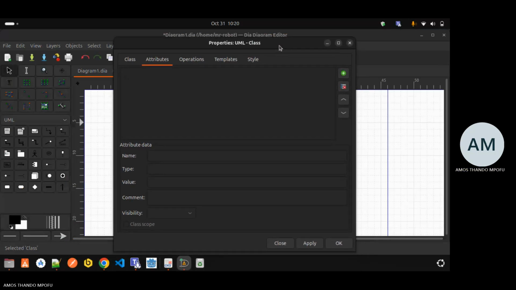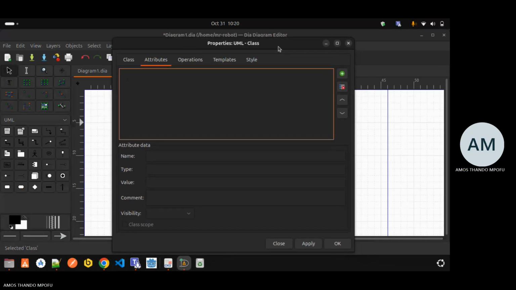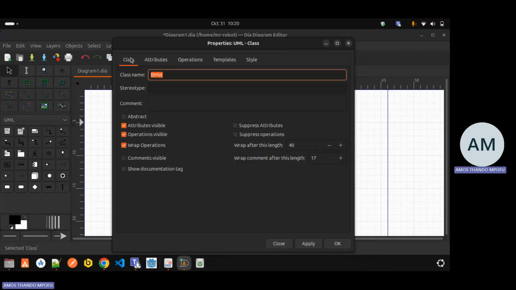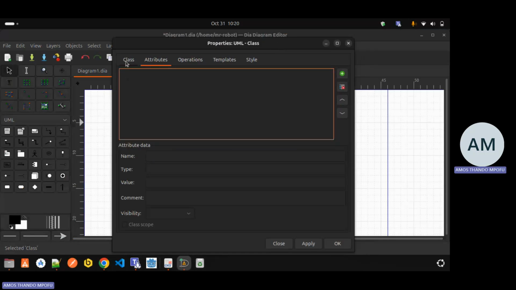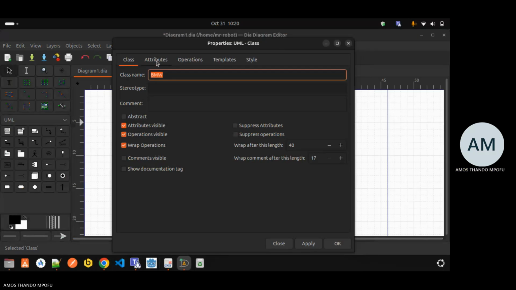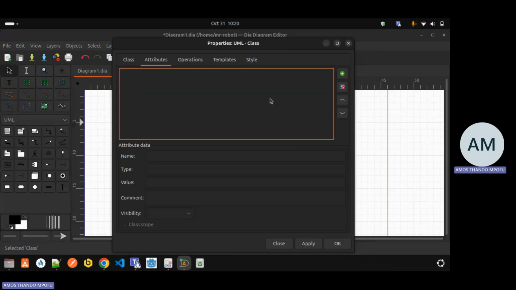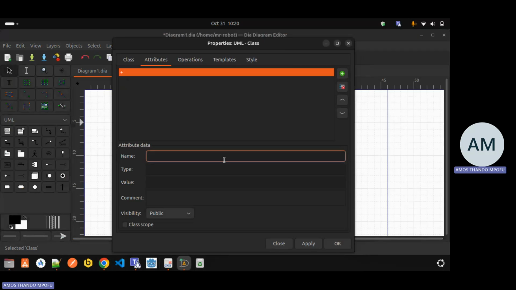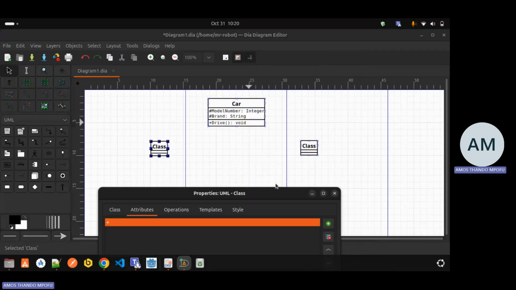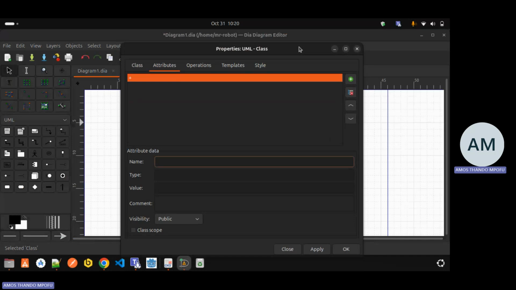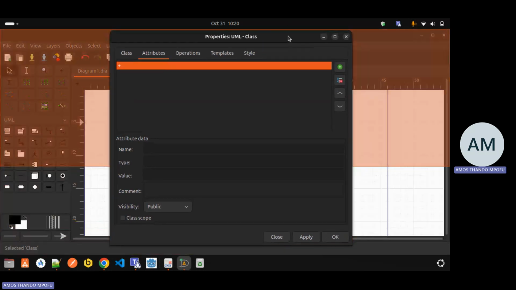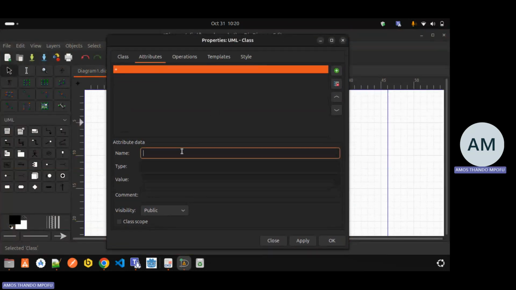So what would be unique? Let me see. I don't even know. Okay, so for attributes for a BMW, you can play around with it.